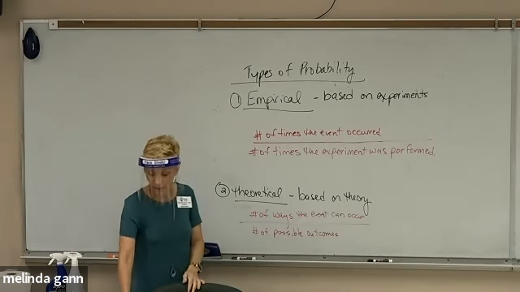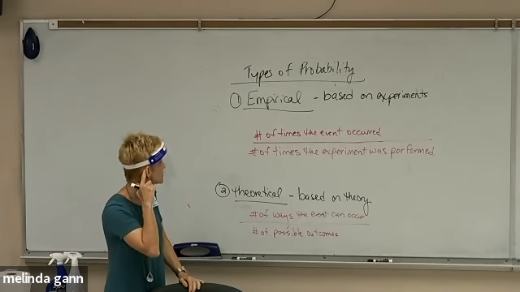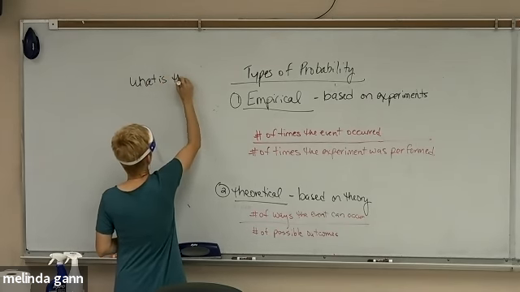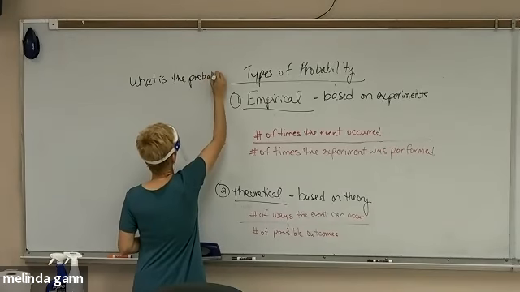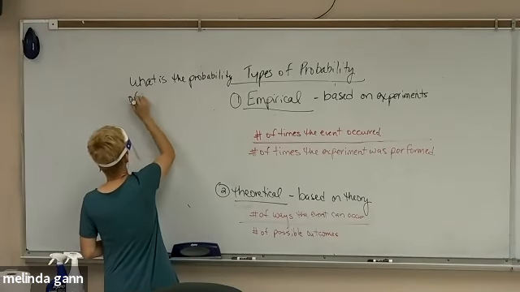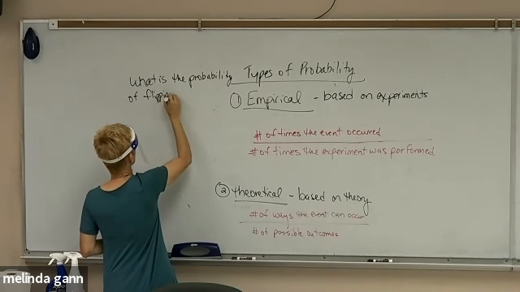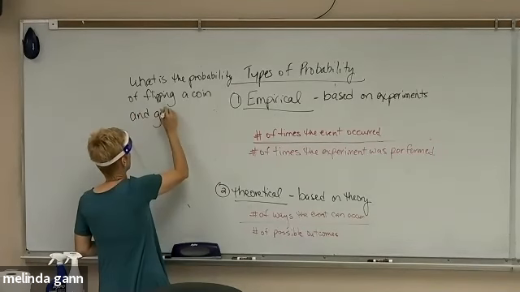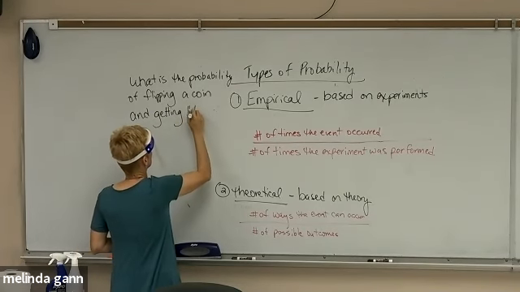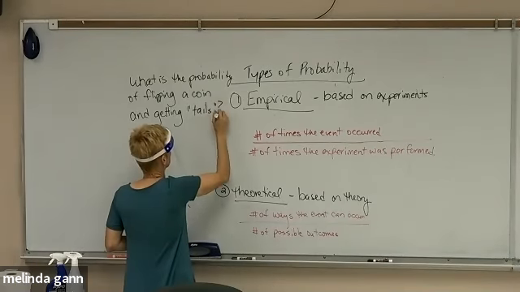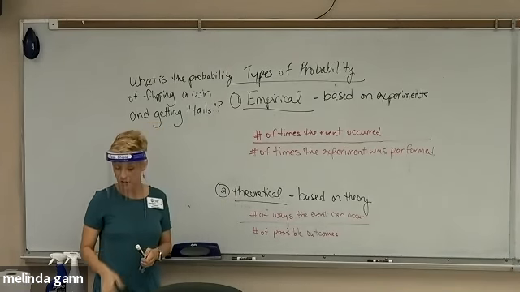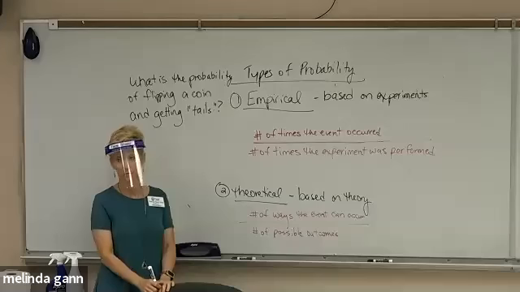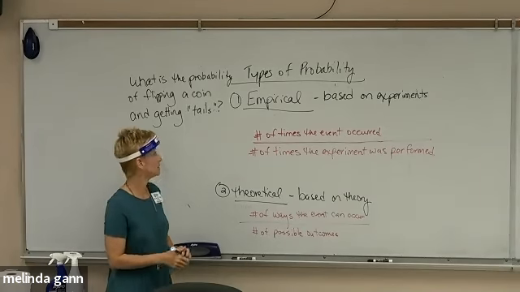I'm going to do a problem on Tuesday that talks about this. What is the probability of flipping a coin and getting tails? That's the question I'm going to start with on Tuesday. What's the probability that when you flip a coin, you get tails? Now, here's what I need you to understand.